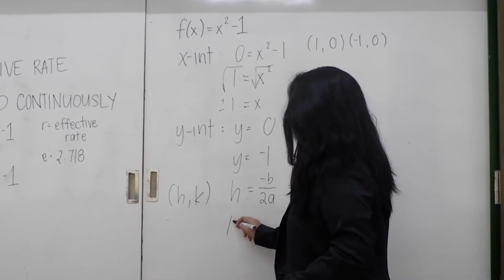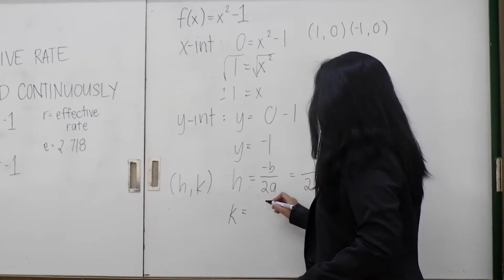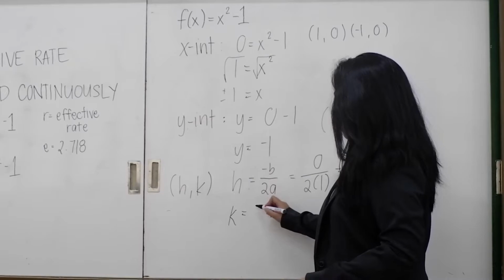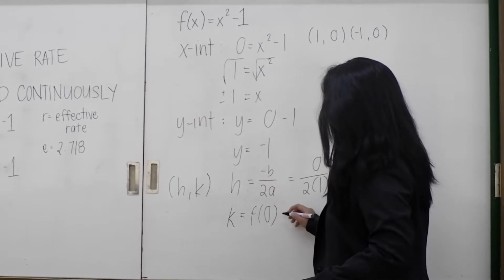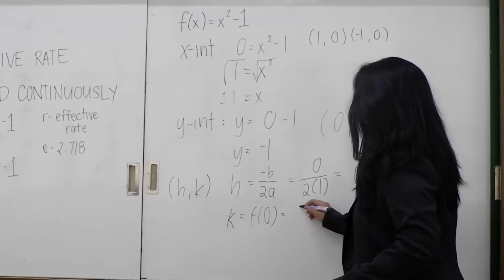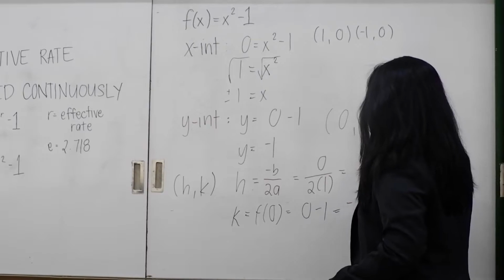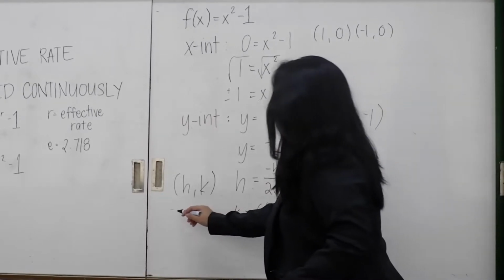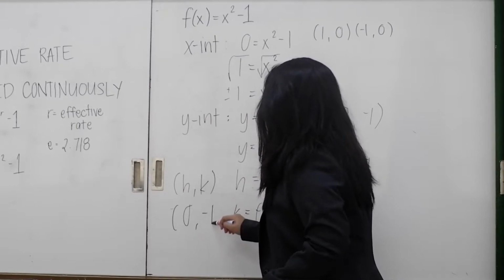Now let's get k. For k, you substitute the h in the function formula. So the answer is negative 1. So the vertex is (0, negative 1).